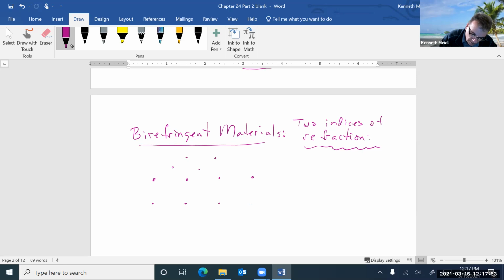And these would be crystals. And in crystals, you've got atoms that are in what's called a lattice site. So I'm trying to draw a crystal here. That might look something like that. Okay.